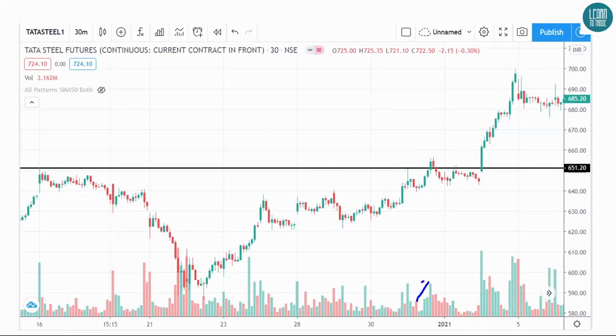Volumes are rising, and next, on an uptrending move, what we probably get is higher lows and higher high formation. So now what we are getting is price moving up, a small pullback, again an upside move, again a pullback, again an upside move. Look at this.